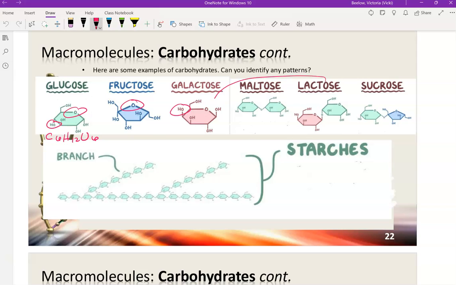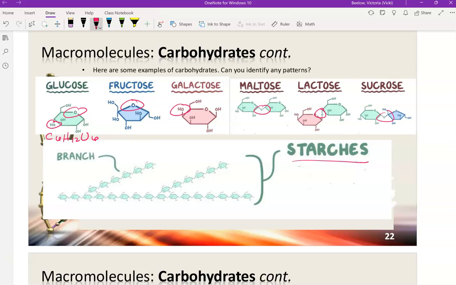And then if you look over here, we can see that maltose is two glucose molecules together. Lactose is a glucose molecule and a galactose molecule together. Again, they're bonded together chemically. And sucrose is fructose and glucose bonded together. Then we have starch, which is found in things like potatoes, and is a bunch of glucose molecules bonded together.